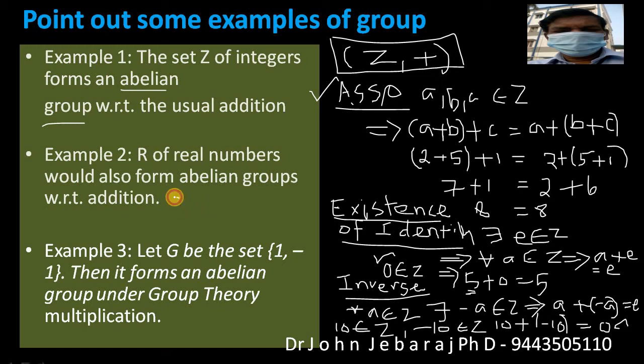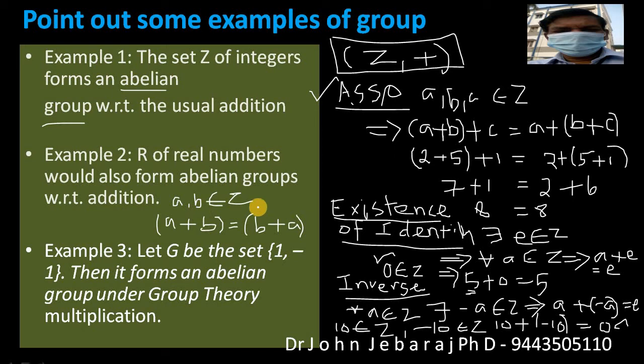Suppose a, b belongs to the set of integers. Then what I see is that a operated on b with the binary operation plus is equal to b added upon a. So this is true for all two elements belonging to Z.